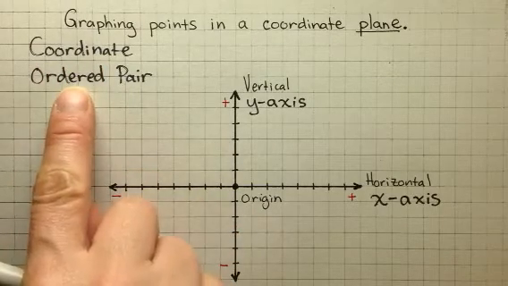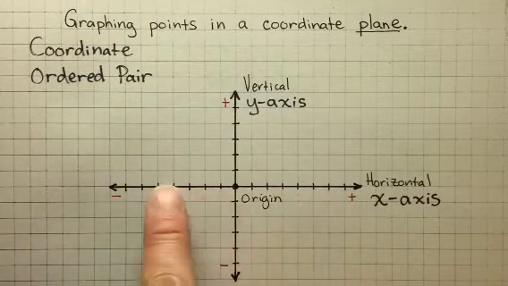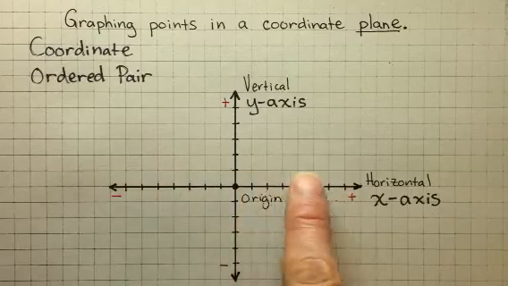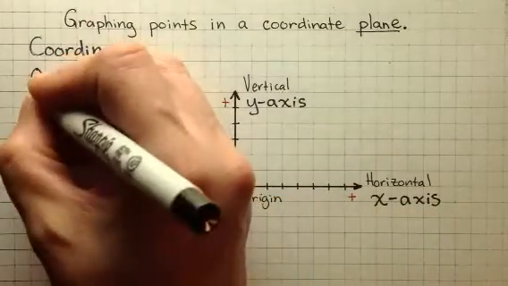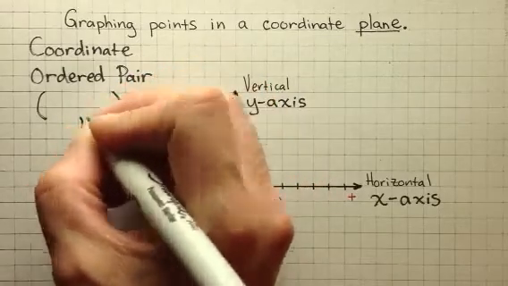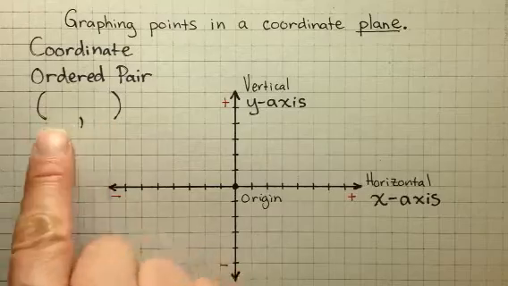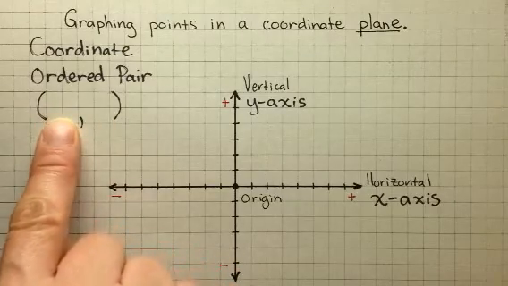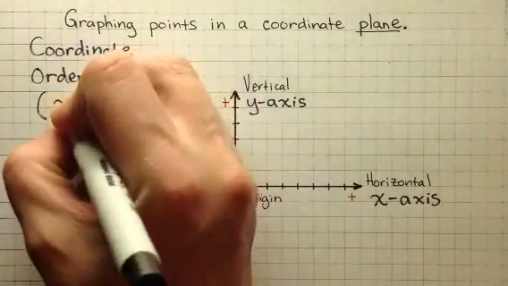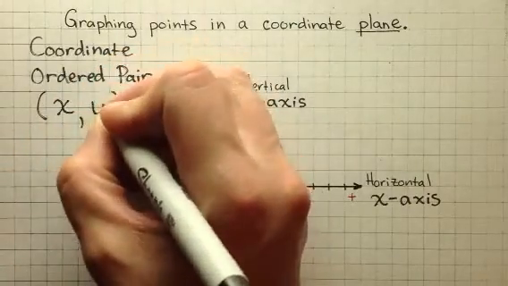And we call it an ordered pair because there's going to be two directions. Remember, you have the left-right direction and the up-down direction. So we're going to put them in parentheses, two numbers with a comma between them. And the ordered part means that the order matters. The first number in your parentheses will always be the x, and your second number will always be the y.